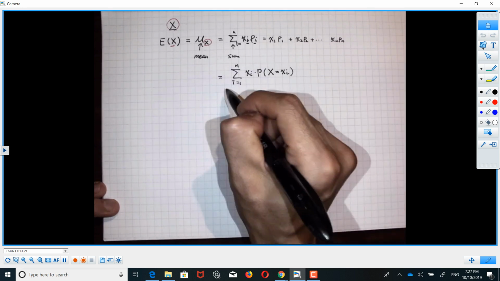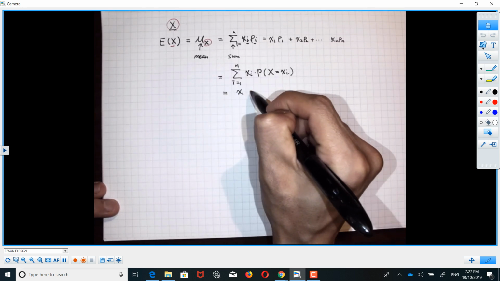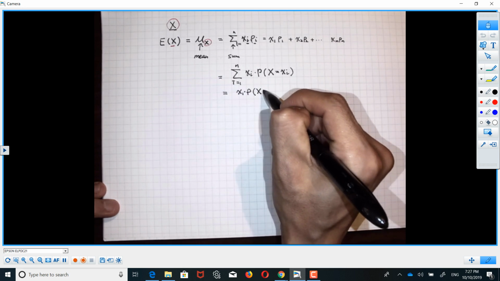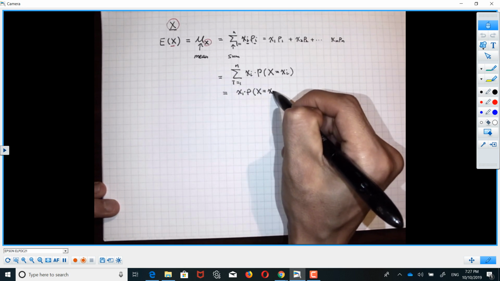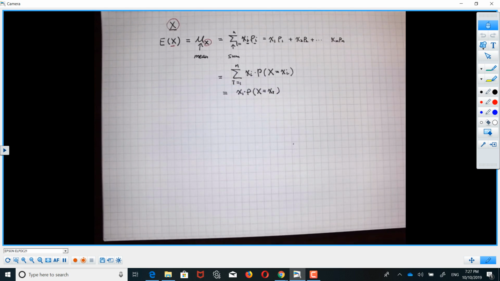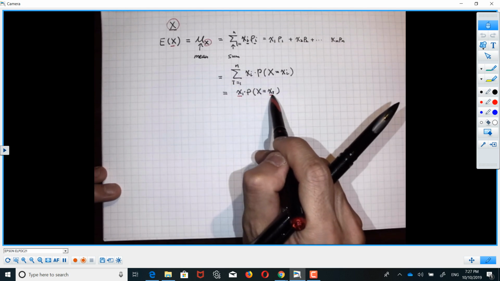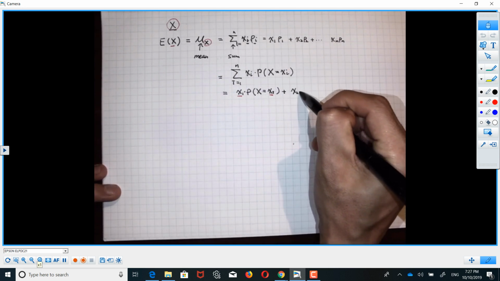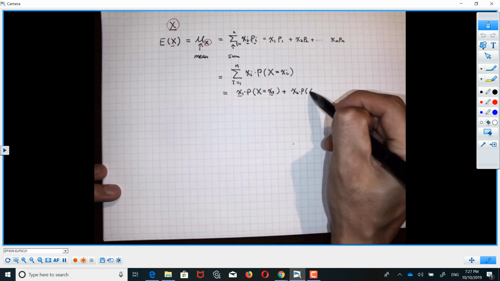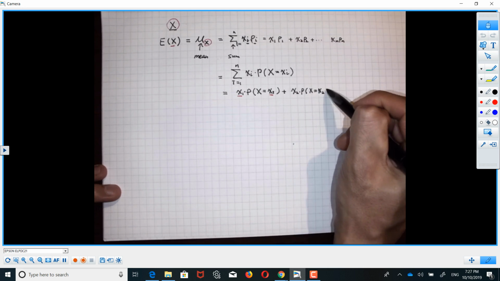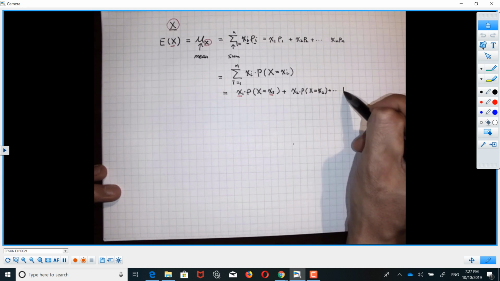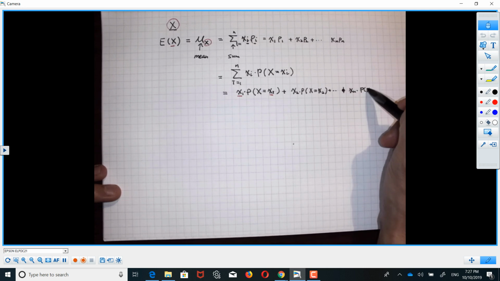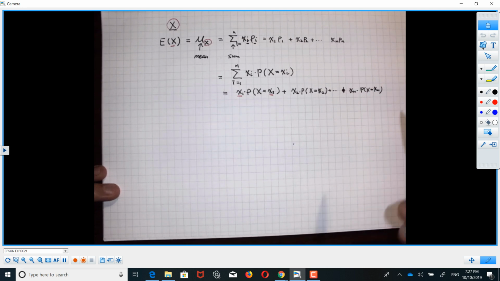That means x1 times the probability that the random variable x is x1, plus x2 times p of x equal to x2, and so on, up to xn multiplied by p of x equal to xn.